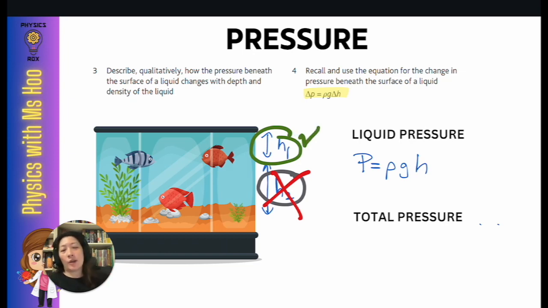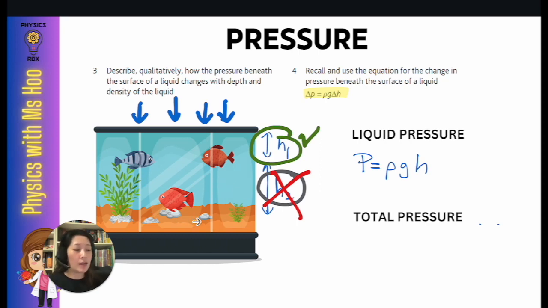Sometimes a question mentions total pressure. So when they say total pressure, what does that mean? Remember that even air has pressure. So above the surface of the water, there is atmospheric pressure pressing down on the water surface and adds to the pressure acting on the objects within the liquid.